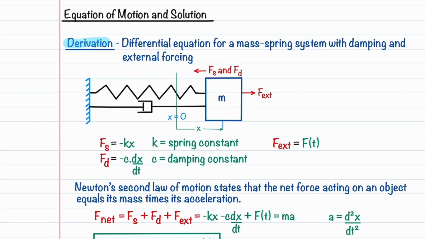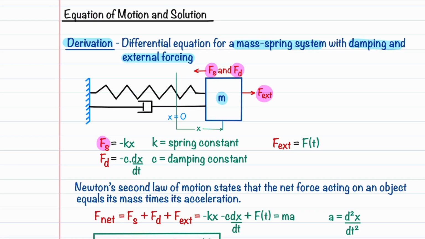Let's begin by deriving the differential equation for a mass spring system with damping and external forcing. Down here in our graph, we have a mass M that is attached to a spring and a dashpot. The dashpot is what provides the damping. The forces on the mass are the forces due to the spring and the dashpot, as well as an external forcing function.